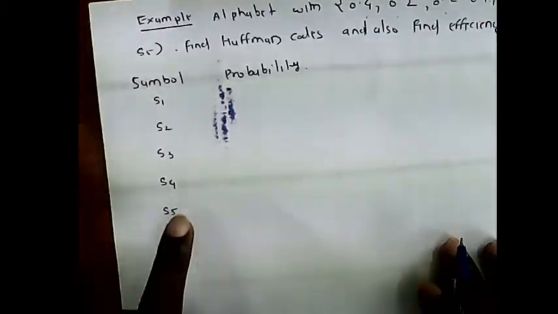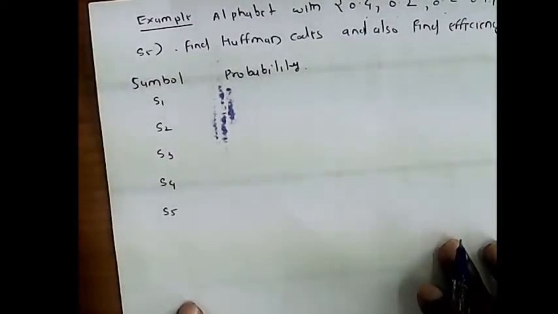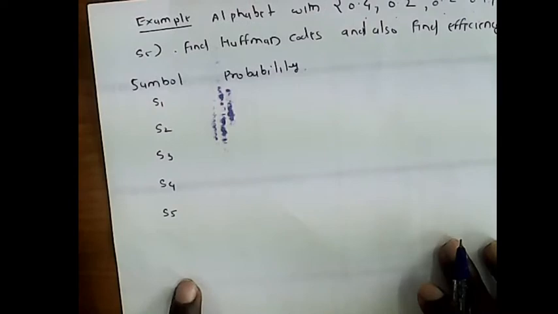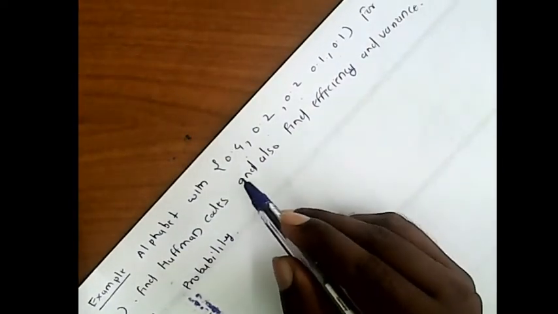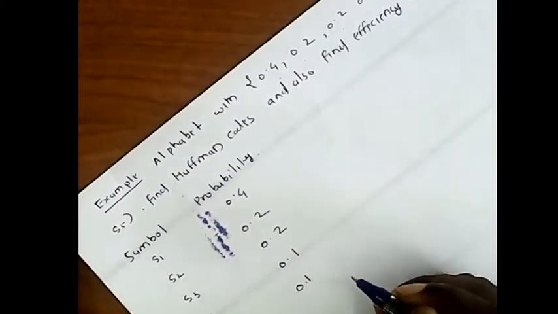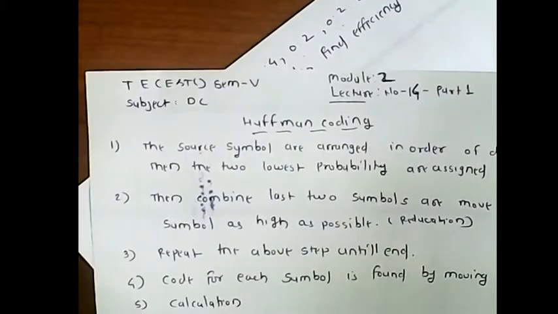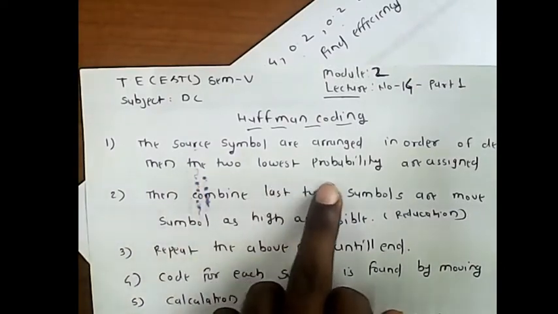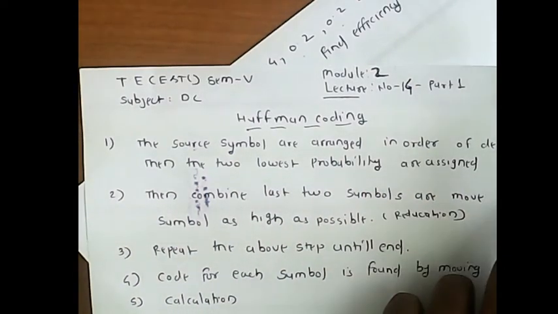We write down the source symbols in decreasing order of probability. The probabilities are 0.4 for the first symbol, then S2 0.2, and we write in decreasing order 0.1 and 0.1. Then the second step: the two lowest probabilities are assigned bits 0 and 1.